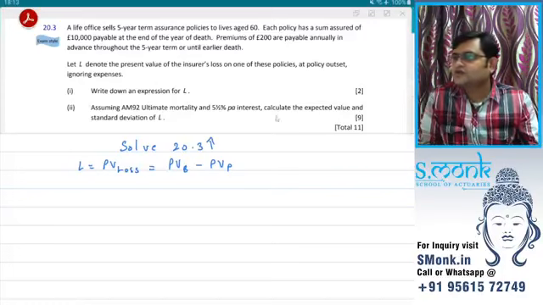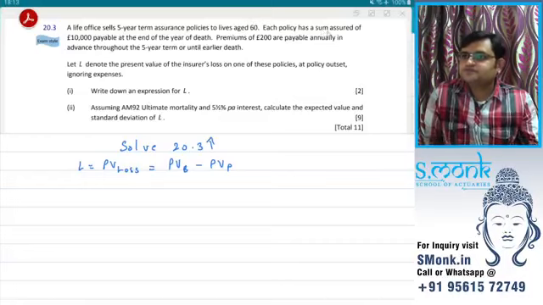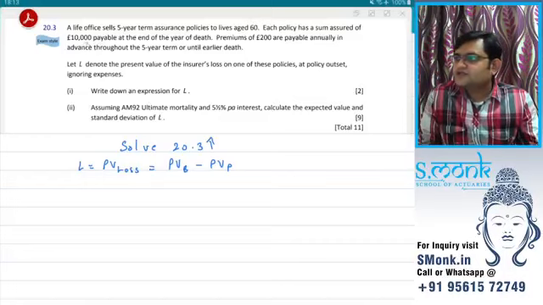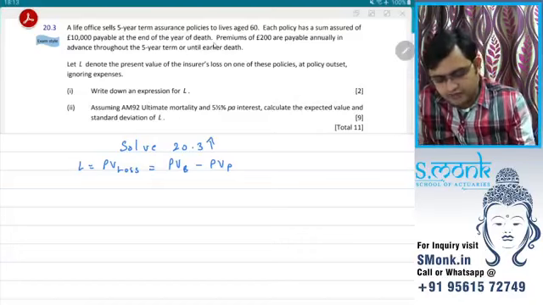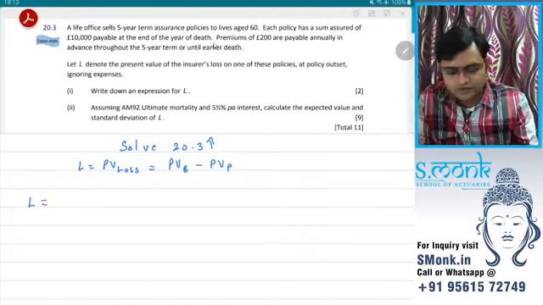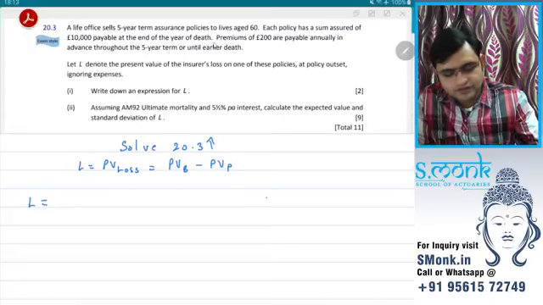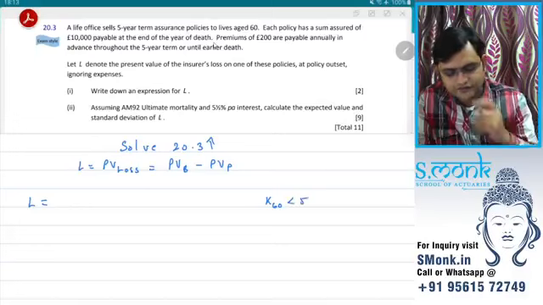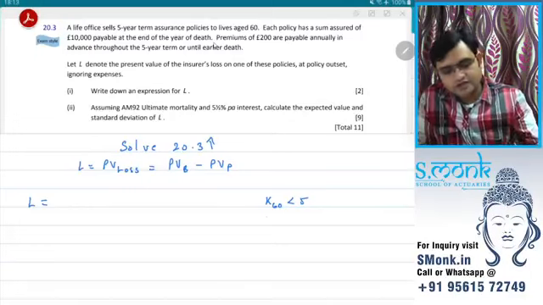We have a 5-year term assurance policy, life aged 60, with sum assured 10,000 payable at the end of the year of death. So to make L, first I will say when K60 is less than 5 years, and then K60 greater than or equal to 5 years. I will have two such terms.